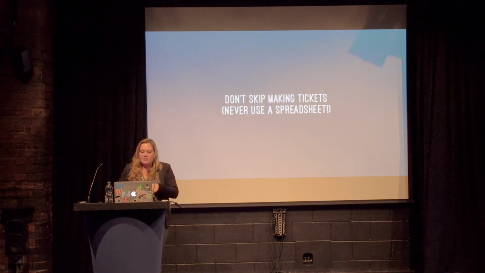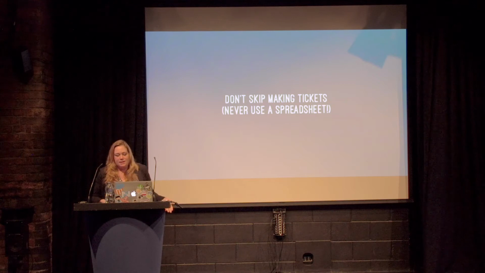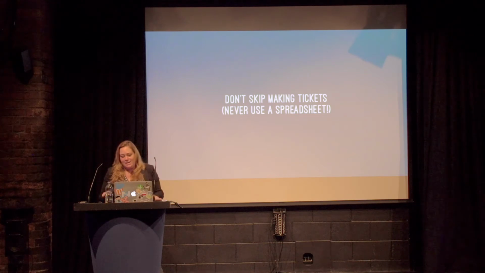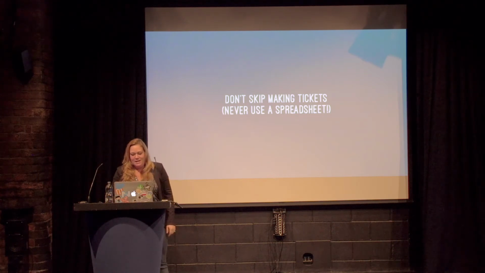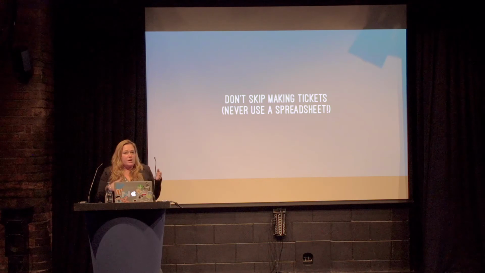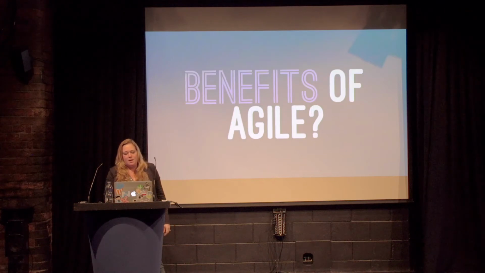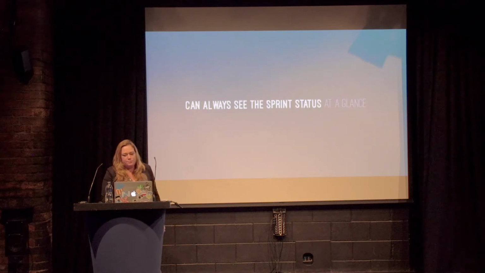And then finally, don't skip out on making tickets altogether. I've seen projects that use spreadsheets with multicolors and different tabs, and that was a nightmare. So when you're in a sprint, if a bug comes up, make a new ticket. It's not that difficult.